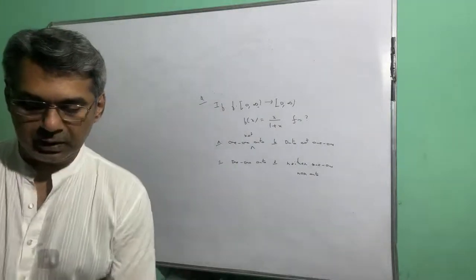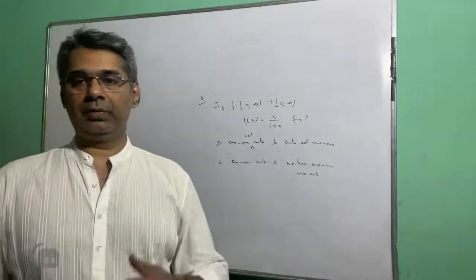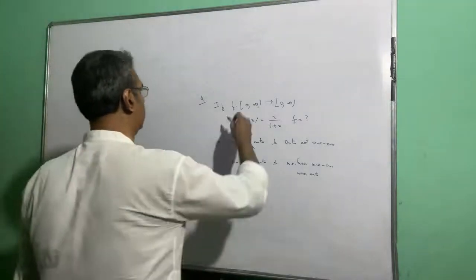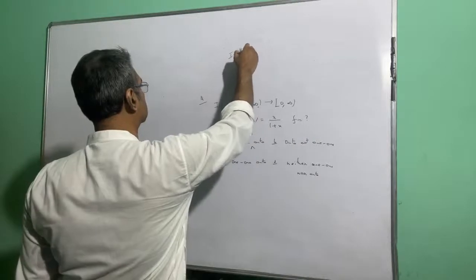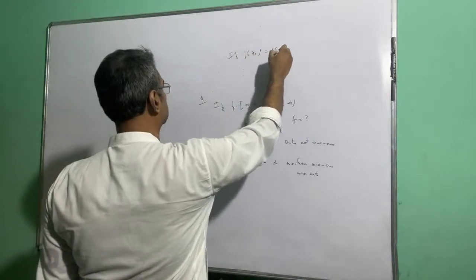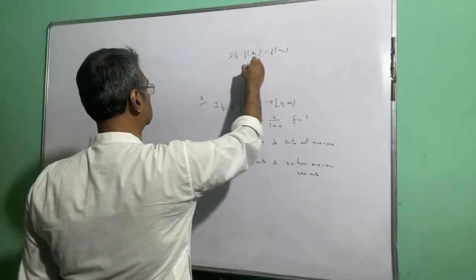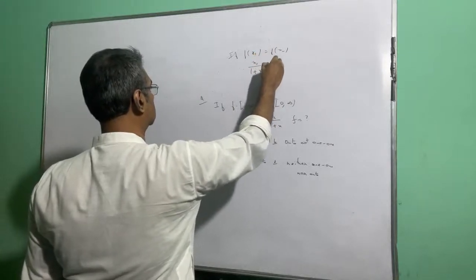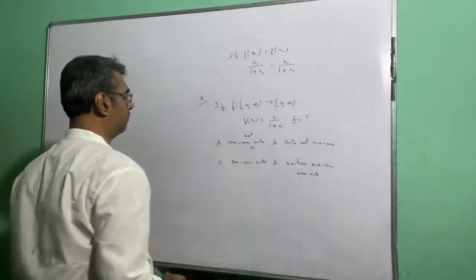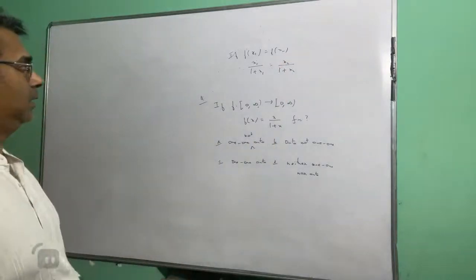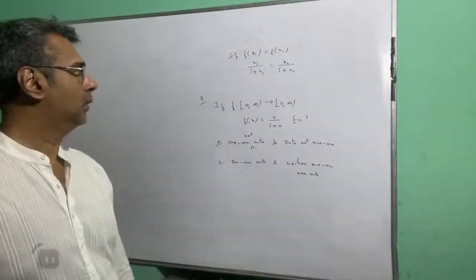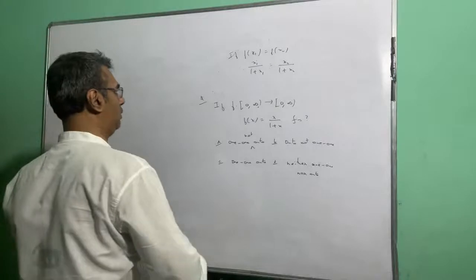So the first method is that whenever you have to find out whether it is 1 to 1 or not, you start by saying that suppose f of x1 and f of x2 are equal.